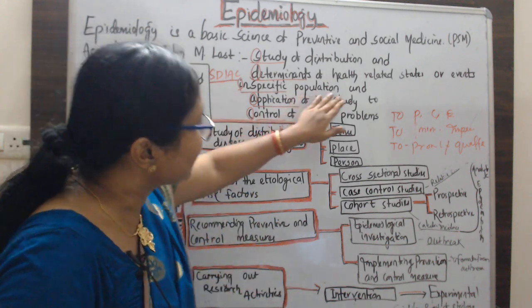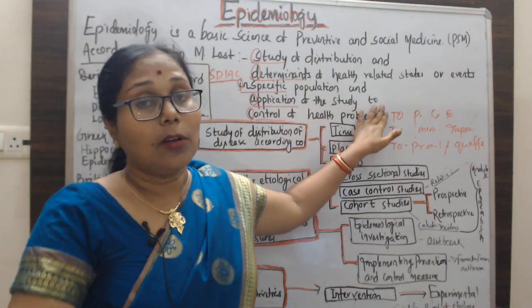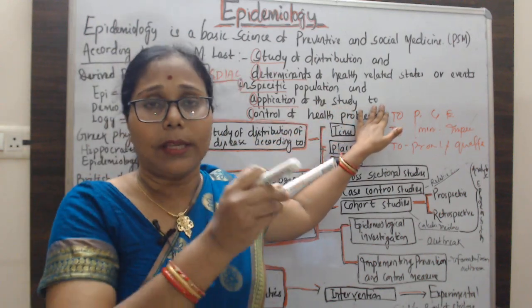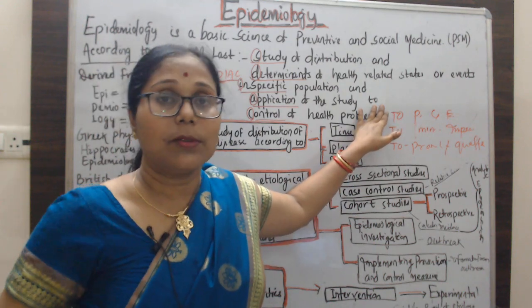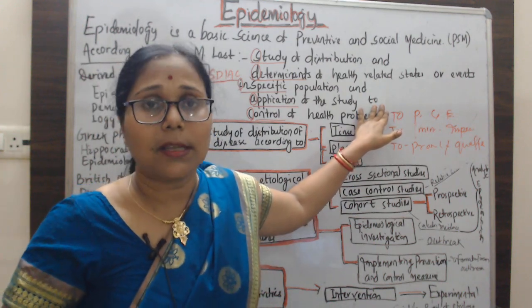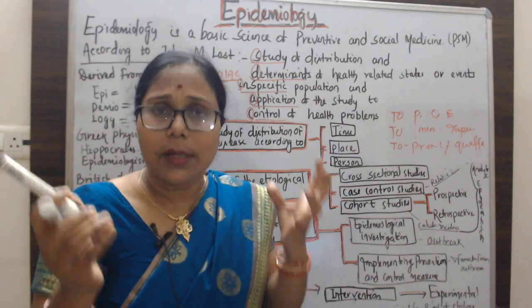And then the application of the study. After we study a particular group of people and the circumstantial factors, the risk factors and determinants, we collect the information and get the data.